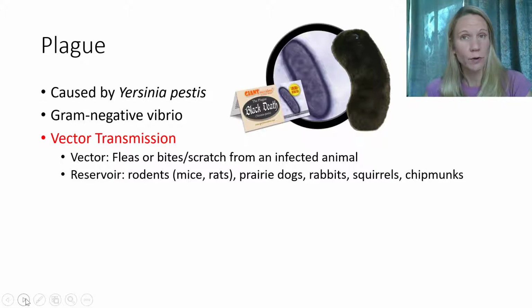Remember, that's what a reservoir means, to harbor the bacteria inside of the animal. And then the vector is the middleman. It's the transmitter to the human, and it was the fleas. So the fleas would bite the rats and pick up the bacteria, and then the fleas would pass the bacteria onto the human by biting.